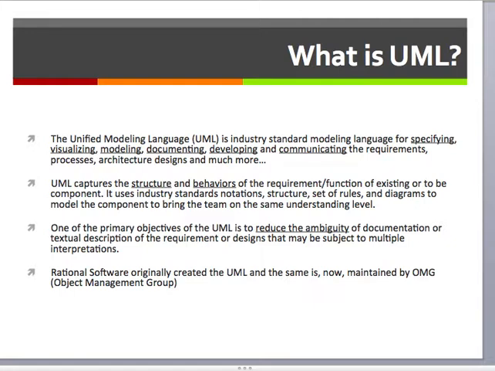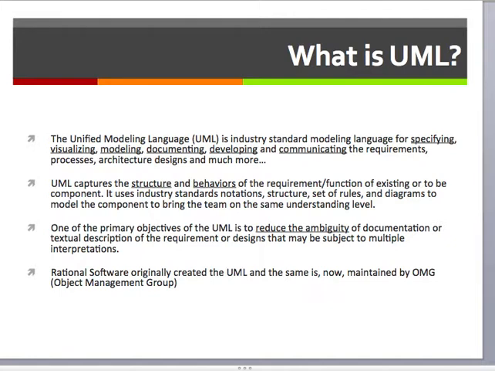UML captures the structure and behavior of the requirement and the function of existing or to-be components. So it can capture the existing requirement or the future requirement. Why capture the existing requirement?